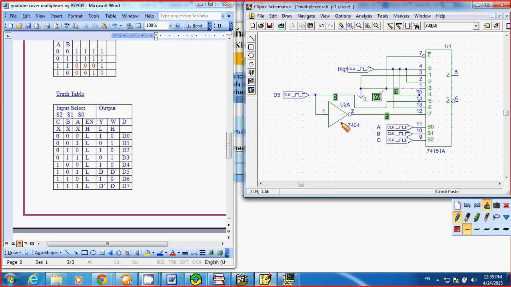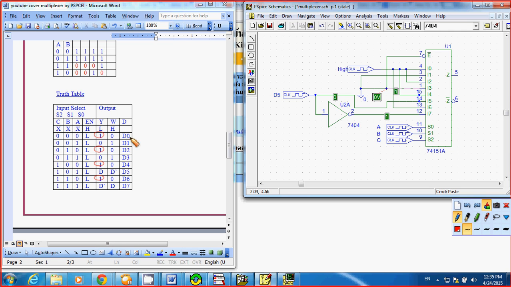And what else? Well, you take a look at the digital logic 1 or high, right? These are high. So I need to connect D0, D2, D4, D6 all together, and connect to digital logic high or 1, right?